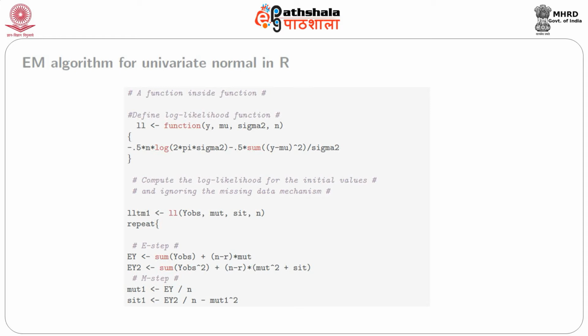Once we have defined Ey and Ey square, the E step is complete, and we go to the updation step, or the maximization step, which is the M step. In the maximization step, we have a new value MUT1, which is Ey by n, and SIT1 is Ey2 by n minus MUT1 square.